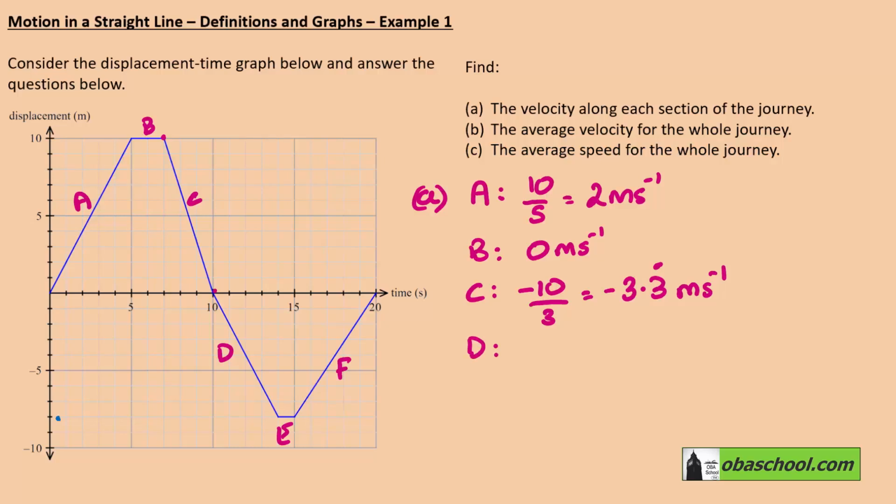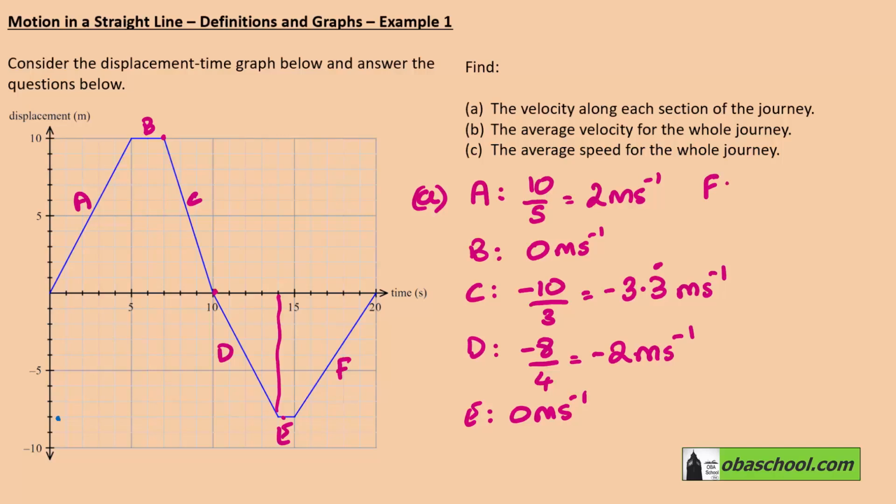Now let's think about D. Change in displacement is -8, and that took 4 seconds. So that's -2 meters per second. Along E, clearly it's stationary again.